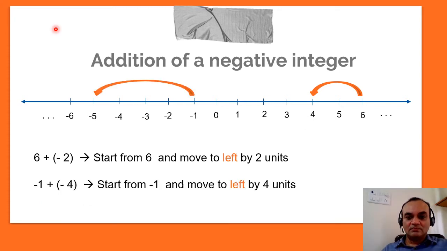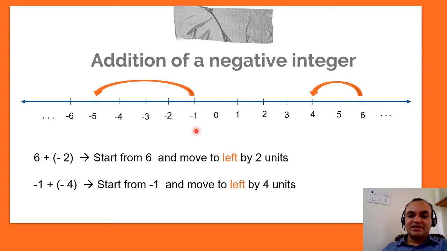Okay. So how about adding a negative integer to another negative integer? Let's say we want to do minus 1 plus minus 4. How do we do that? So we'll start from minus 1. We want to add, so we want to move in the right, the increasing direction, but the number we want to add is negative. So we'll flip the direction and go in the negative direction.